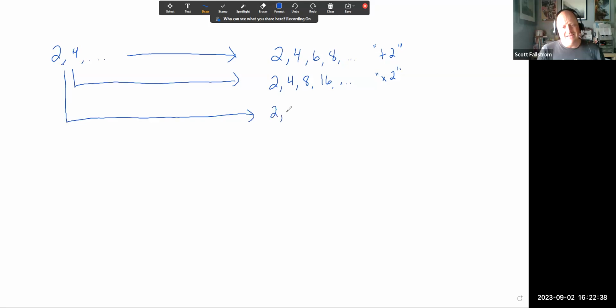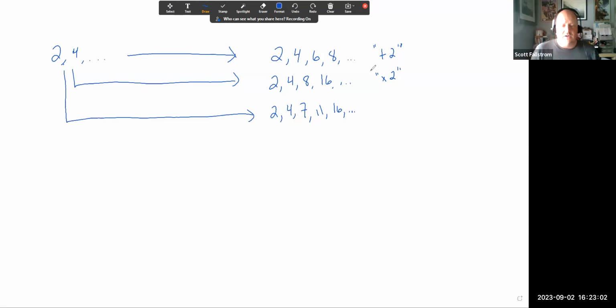Yes, you add 2 to start, but then you're going to add 3, and then add 4, and then add 5. And that keeps going. Totally different sequence, not geometric, not arithmetic, but there's nothing wrong with any of these sequences.